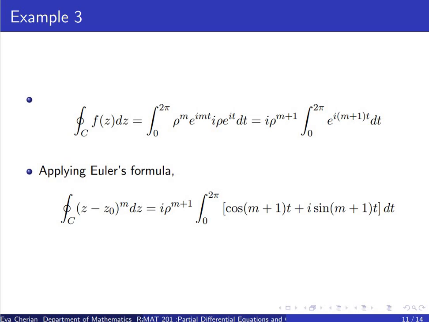Apply Euler's formula once more to the integrand. So our integral will become i times rho raised to m plus 1 integral over 0 to 2 pi cos of m plus 1 t plus i times sine of m plus 1 t dt.